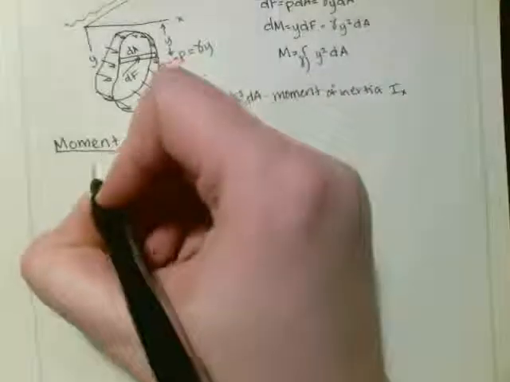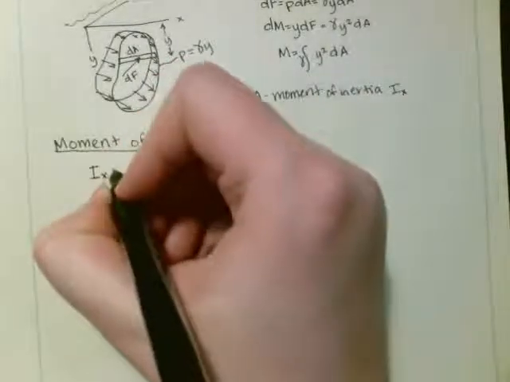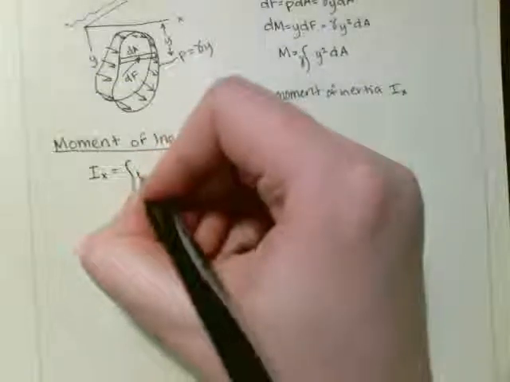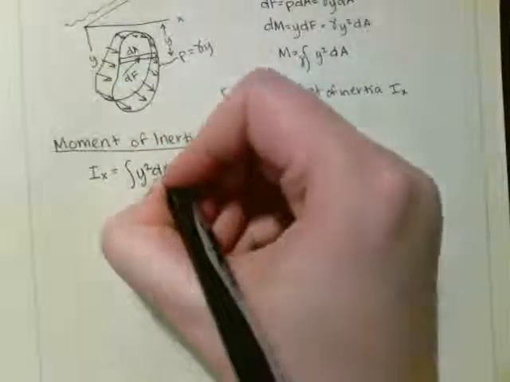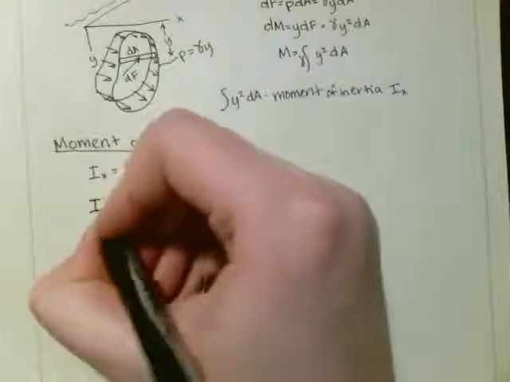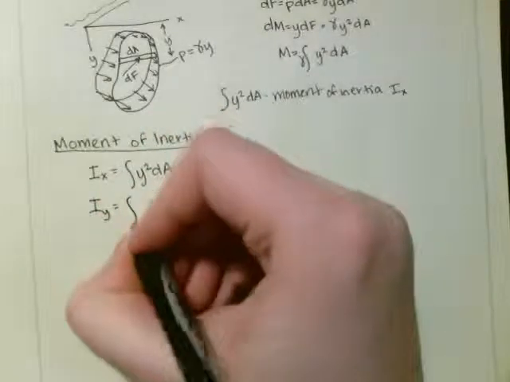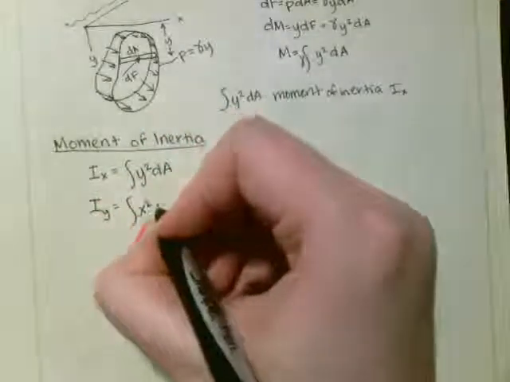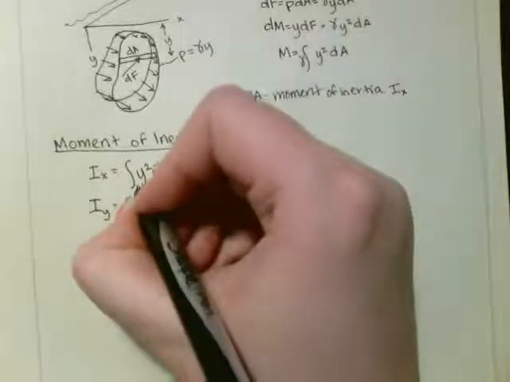So, Ix is equal to the integral of y squared dA. Iy is equal to the integral of x squared dA. These are both over the area.